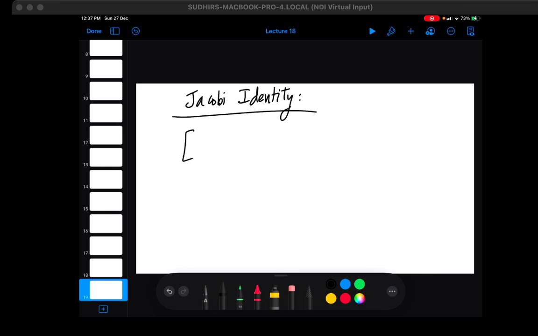It is like x_i, x_j, x_k, so this is x_k.